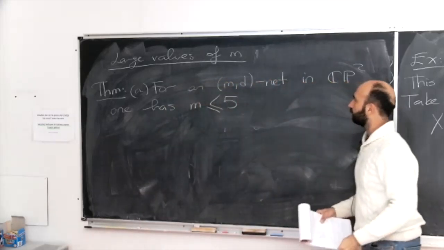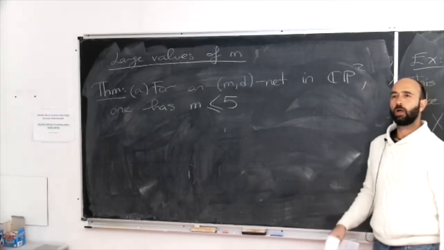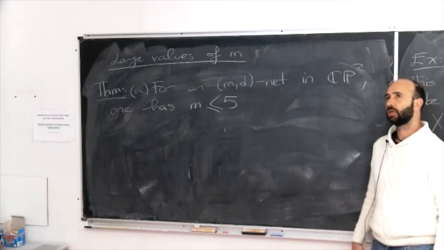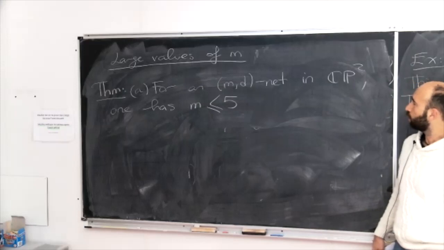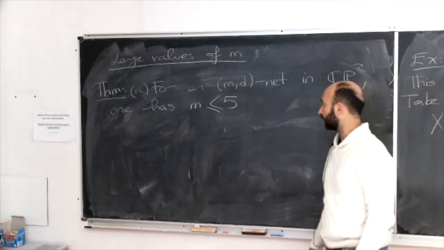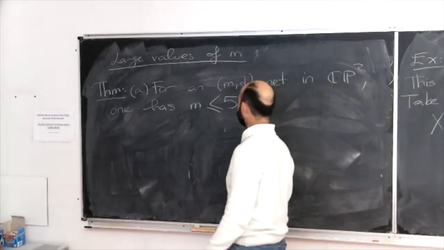So you cannot have a family which completely reduces 6 times or more into a union of lines. This is independent of d.